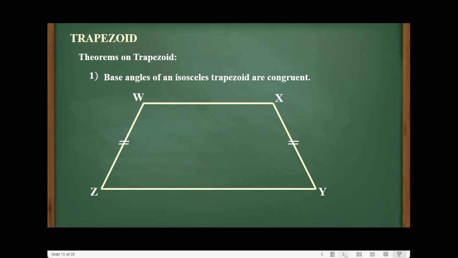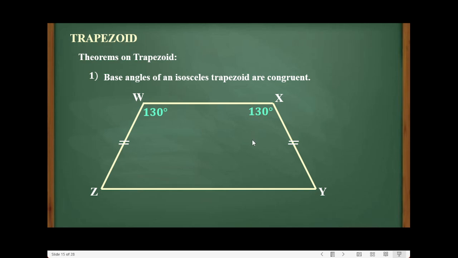Then let us indicate some points on the four vertices of this quadrilateral, and these are points W, X, Y, and Z. So the name of this quadrilateral is quadrilateral WXYZ. Now suppose angle W measures 130 degrees. Therefore, angle X is also 130 degrees.